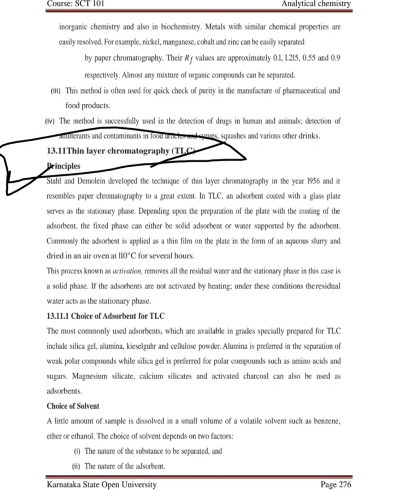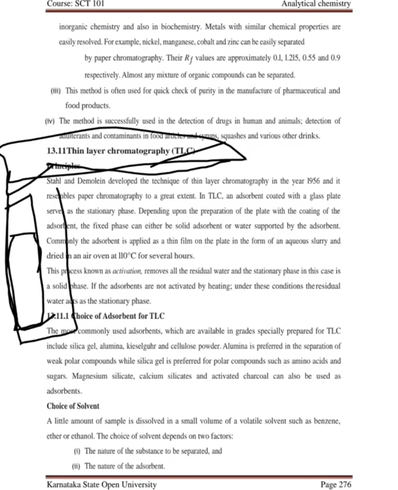We are going to use a glass plate coated with different adsorbents. Thin layer chromatography is nothing but using the glass material, on which we place the spot of the solute. In paper chromatography we used filter paper for the separation; here we use glass coated with different adsorbents.